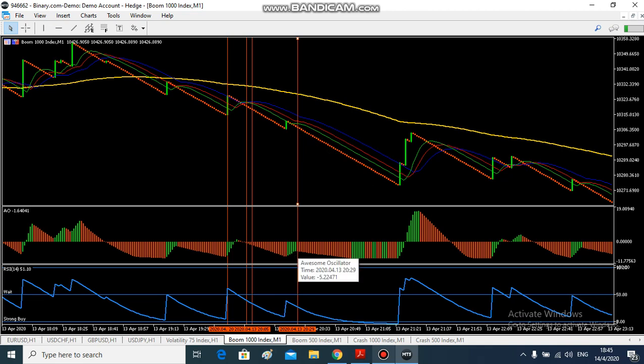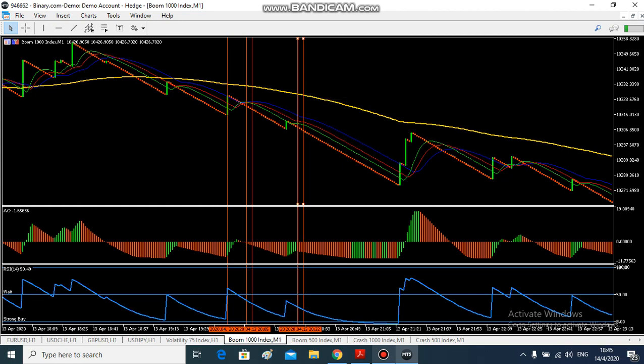If you've got red bars, then you jump in. That's our confirmation. Then next 3 candles, boom, done, you're off.